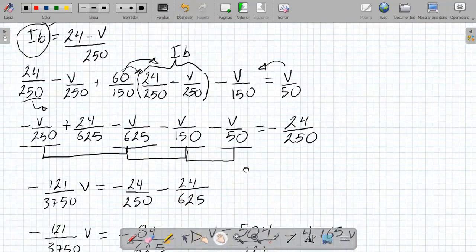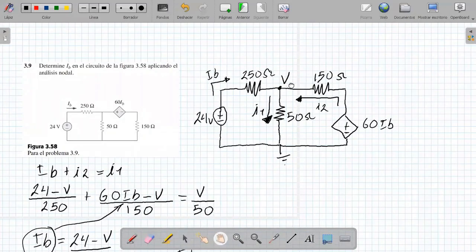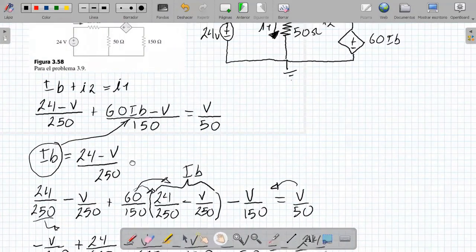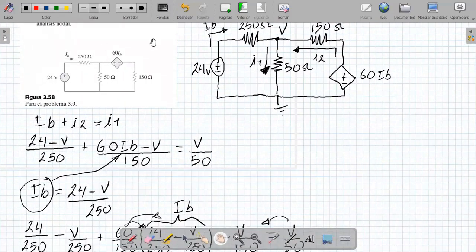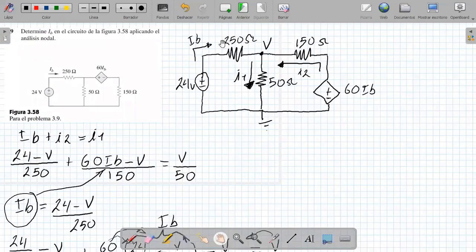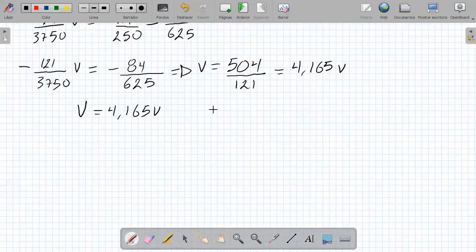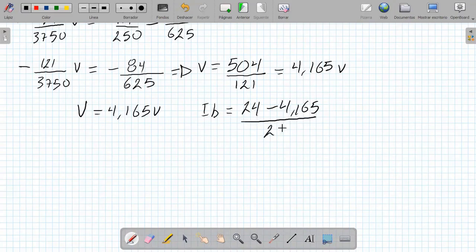Now I already have the voltage at this point, but they ask me to find IB, and we had already said that it was 24 minus V over 250. So IB is 24 minus V, and we now have the value, which is 4.165, over 250.